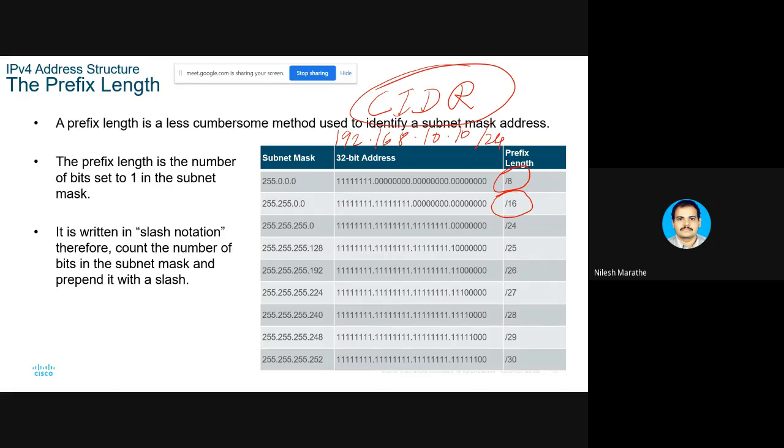Prefix length. The prefix length is going to indicate the number of network bits. Number of network bits to be involved in the subnet mask, or the number of ones in the subnet mask given by this prefix length. So that will be the total indication of network bits.